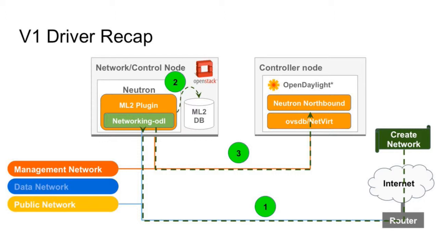And then OpenDaylight stores its information into its own data store. So it sounds like a quite simple and easy task. And this works quite well for a POC or a test on your laptop or desktop as an all-in-one setup.